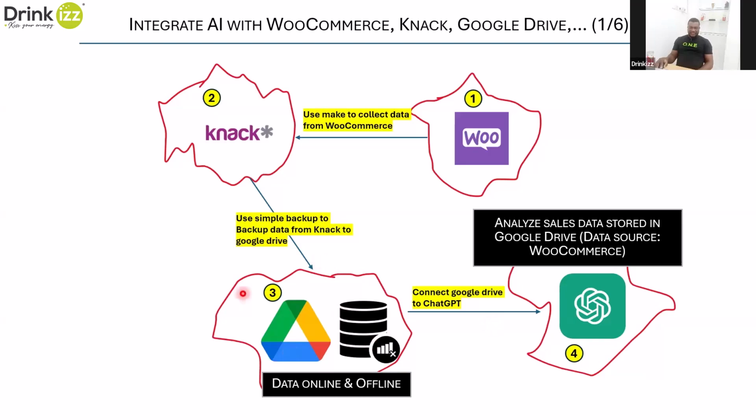Here we can see in point 3, we have data online and also data offline. So if in WooCommerce we have a problem and we cannot access the data in WooCommerce, we can still access this data in Knack. If Knack has a problem, we can still have this data in Google Drive. If Google Drive also has a problem, we have the same data on site.